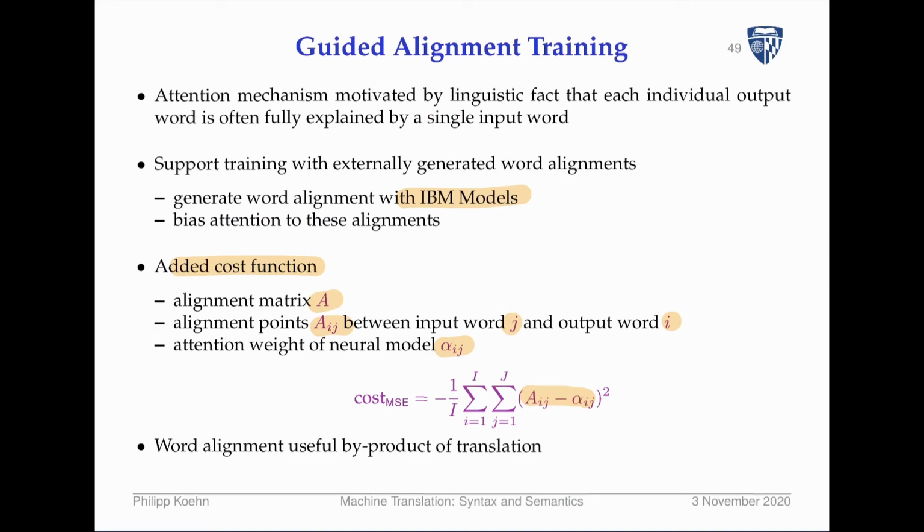That's our cost function. One useful byproduct of this, and maybe the actual ultimate purpose of that, is that we will get in the output also a word alignment where the attention mechanism mimics this alignment functionality.